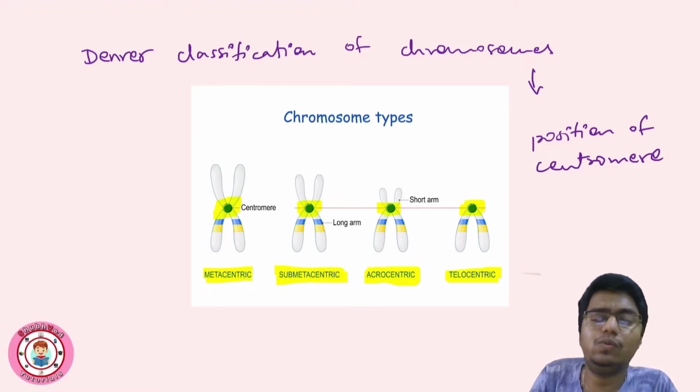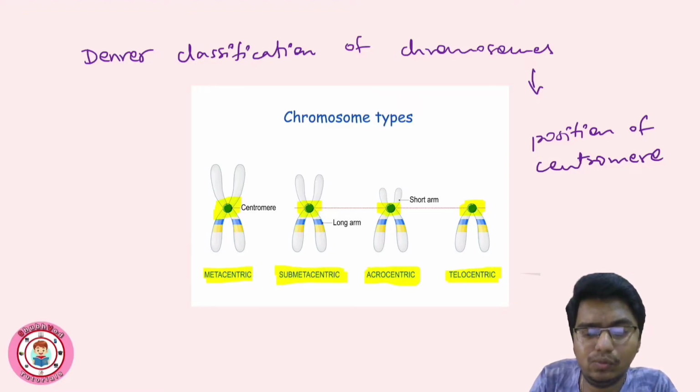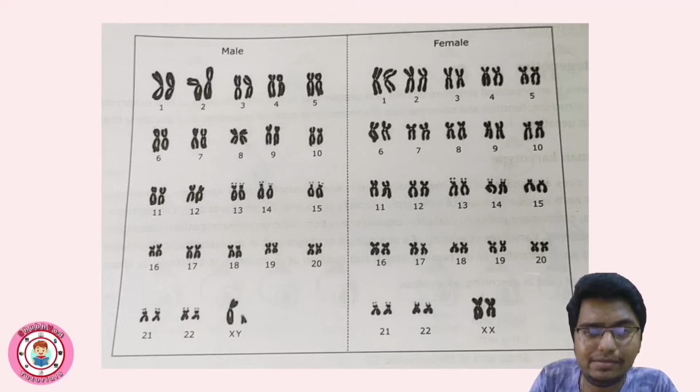Now the next thing about chromosome karyotype is this. This is the karyotype, or we can say karyogram, when it is plotted on paper. It is also known as idiogram. In this we can see the chromosome structure.